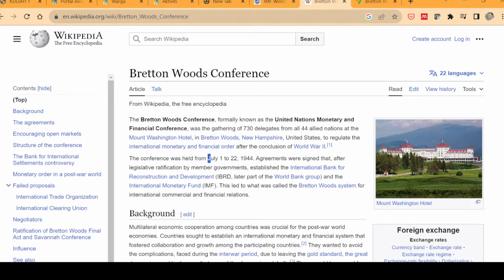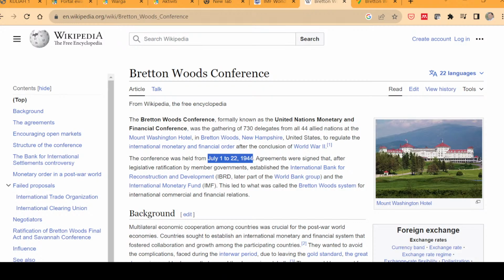Even before World War II ended in August 1945, they already met to plan a structure, the order for the international monetary and financial system, and what they came out with is these two things.